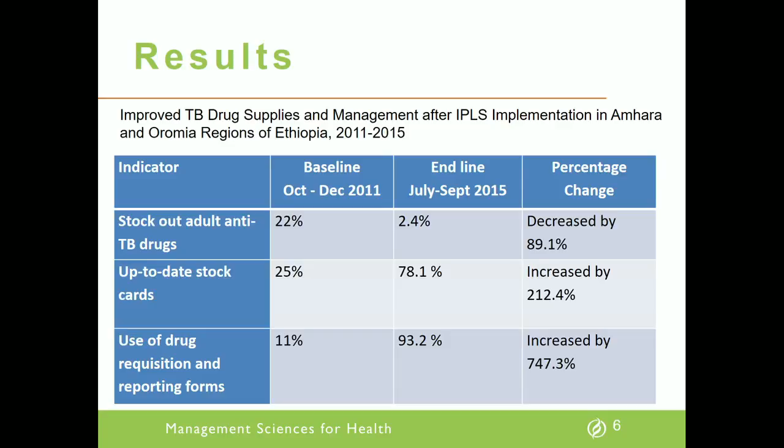Although we couldn't relate it with treatment outcome, we have at least improved the process indicators, namely the usage of those forms and drug stockout, which is highly likely to be related with better treatment outcome.